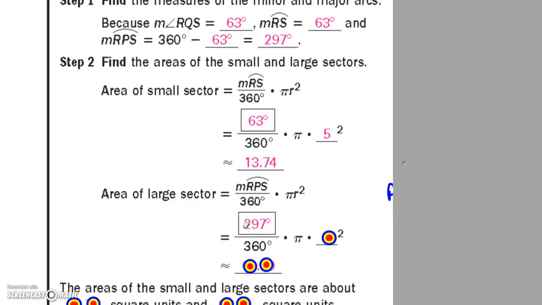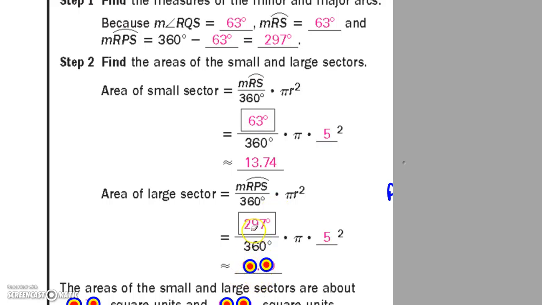And remember, we said the measure of the major arc is 297 degrees. So 297, and in your calculator you could do something like 297 divided by 360 times pi times 5 squared, or you could do 297 times pi times 25, 5 squared, divided by 360.